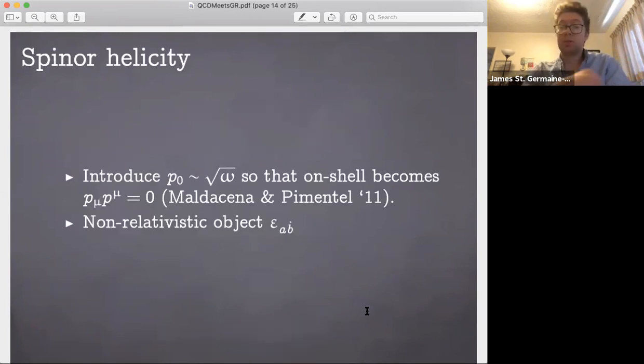Okay, so you can also use the spinor helicity formalism. It was originally developed for cosmological spacetimes, and the idea is basically you just define P0 so that P squared with a Lorentz metric is 0. So for us, this is just going to be P0 is the square root of energy. And now you can do some slightly funny things.